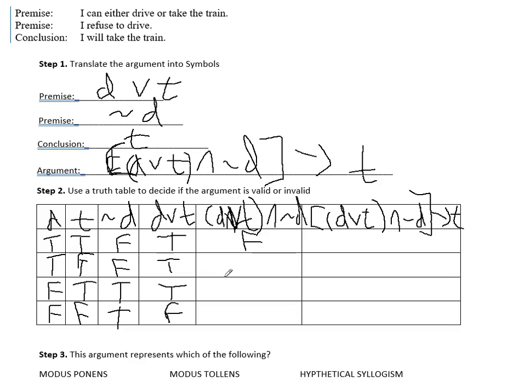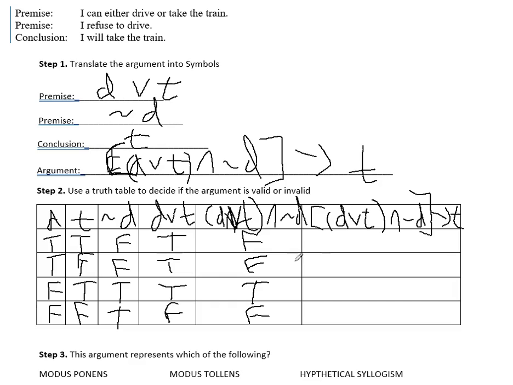Not D is false, so the AND statement is false. Both parts of the statement are true here, so the AND statement is true. Only not D is true here, so the AND statement is not true here.